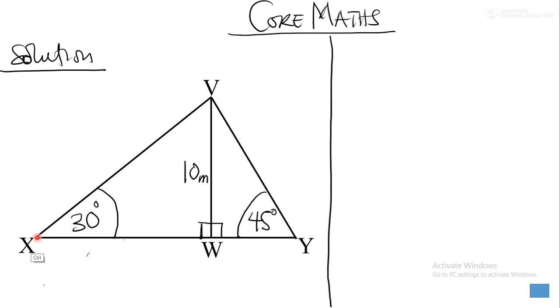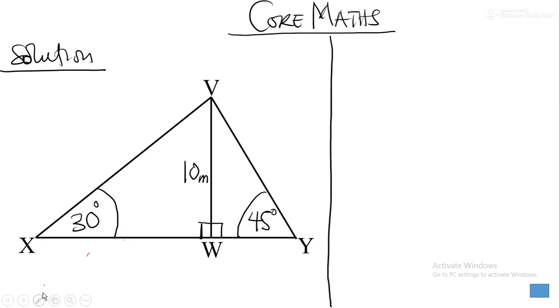To find the distance between point X and point Y, we add the distance between X and W to the distance between W and Y. I hope you are with me. Good. So now let's proceed by looking for the distance between X and W, and then also the distance between W and Y.